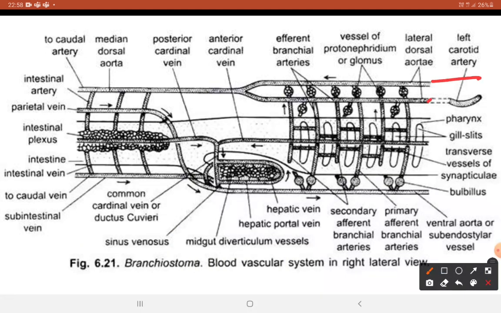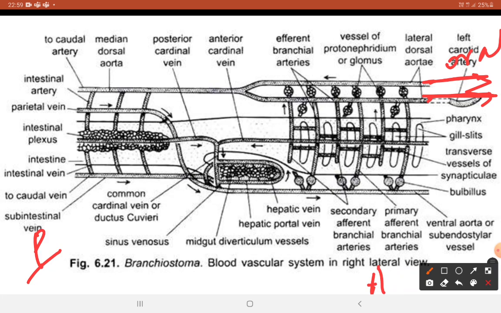They move forward, supplying blood to the oral hood. So this is the anterior region and this is the posterior region. Here it continues forward as the internal carotid artery, and these arteries supply blood to the oral hood region.